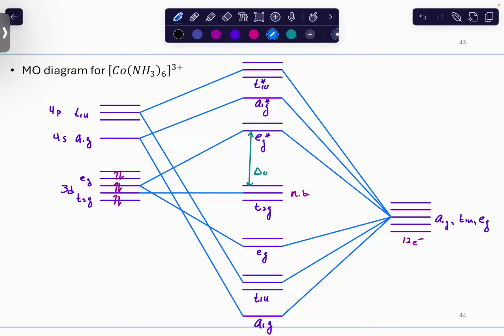But you can see their orders are not intuitive, so you can play with the actual diagrams, saying, okay, well, this one's going to get more repulsion here than this one, and get an idea of why your ML6 complexes are in this order. And in particular, it's ML6 n plus.